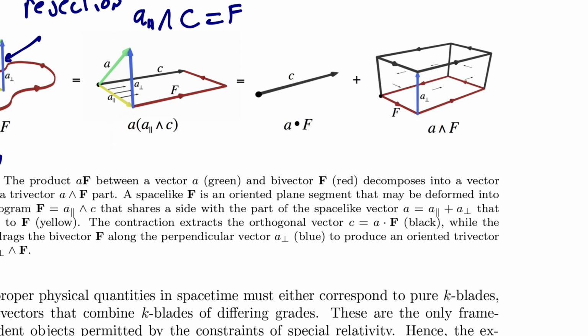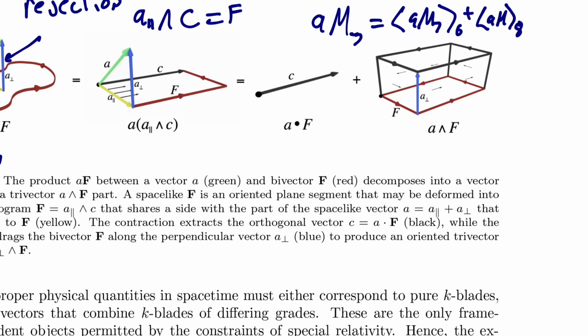Whenever you multiply a vector A times any multivector M, where this multivector is, let's say, of grade 7, you're always going to have a part that has grade 6, and you're going to add to that a part AM that has grade 8, right? You're going to have two parts.